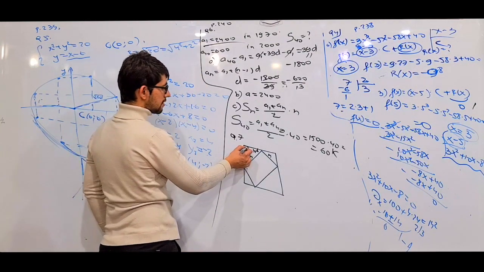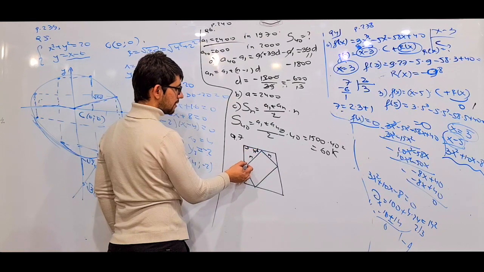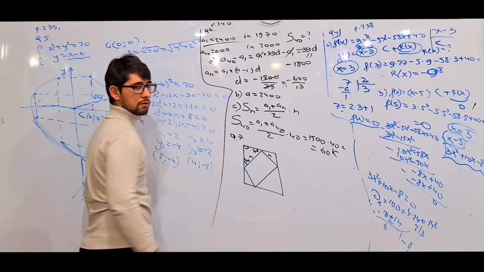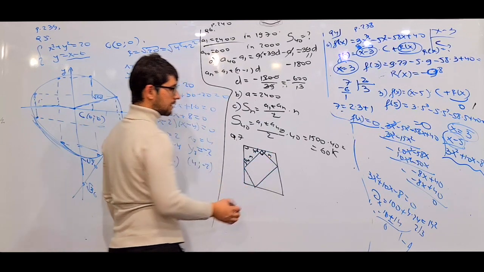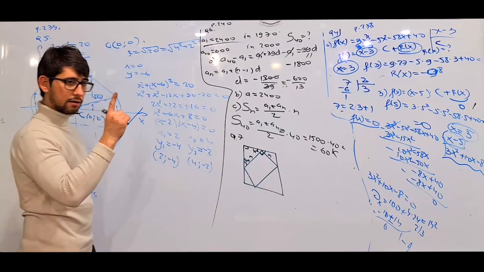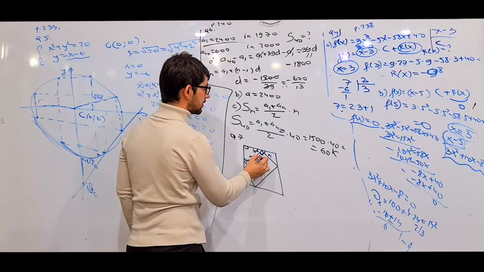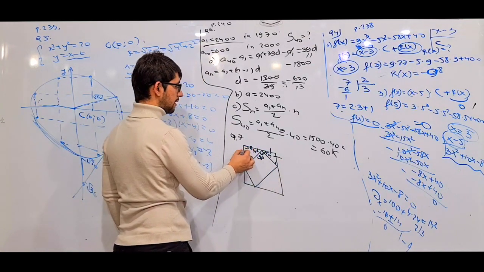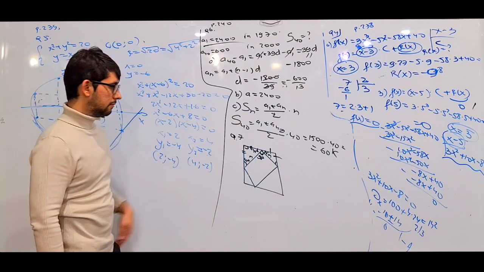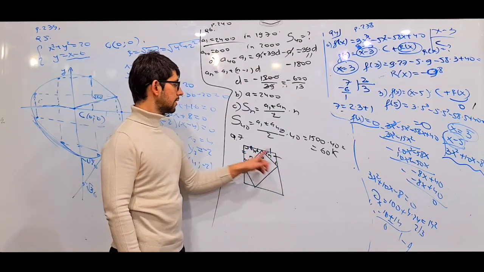If this is 90 degrees, here you have 45 degrees. This angle will be 45 degrees too. And this angle will be 45, as one angle of the rectangle is 90 degrees. So 45, 45. It means these two line segments are equal, and these two are equal.